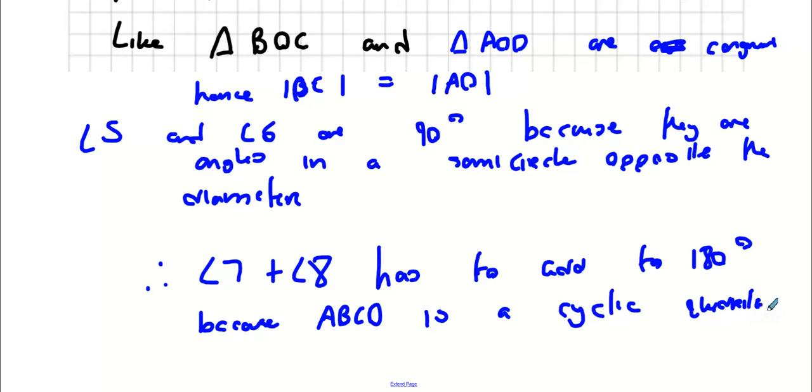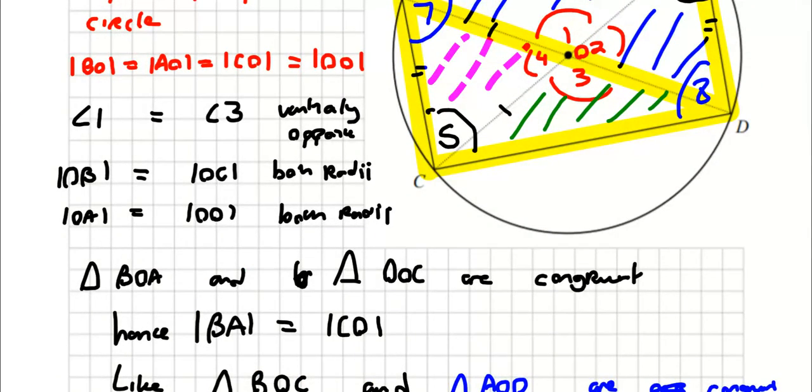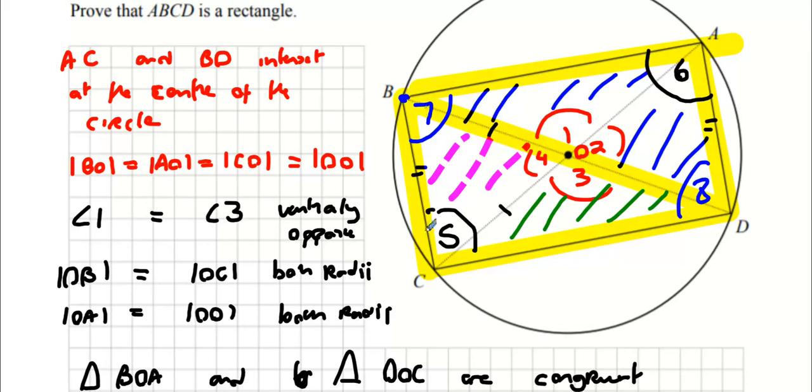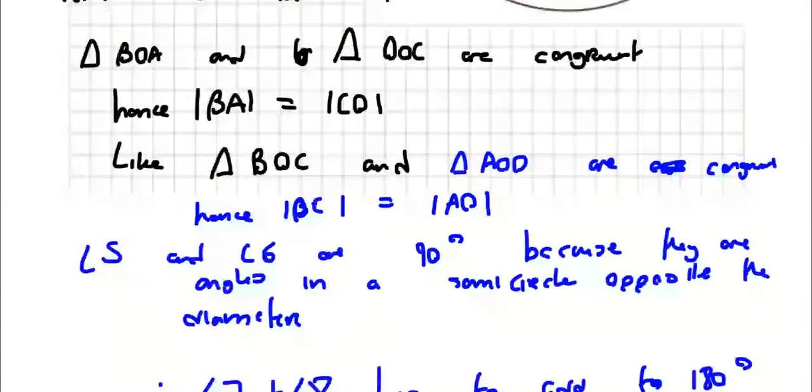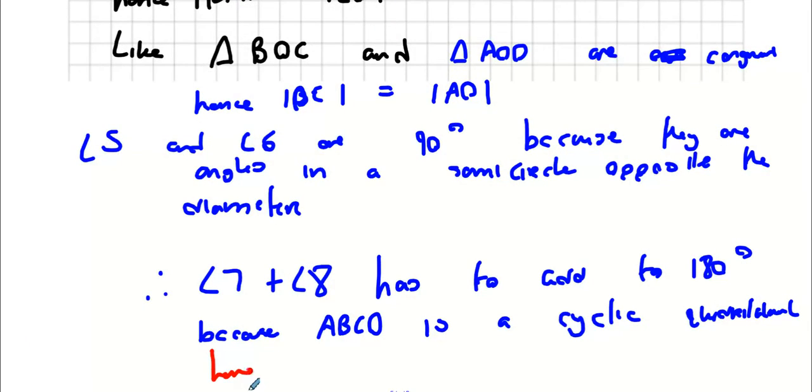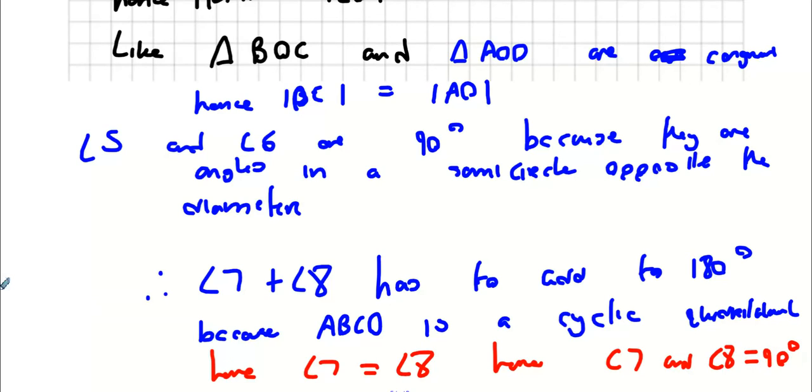In a cyclic quadrilateral, you have 4 corners or vertices that are on a circle, and all 4 angles have to add up to 360, and also opposite angles like 7 and 8 have to be worth the same amount. Hence, angle 7 equals angle 8. Hence, angle 7 and angle 8 equal 90 degrees.